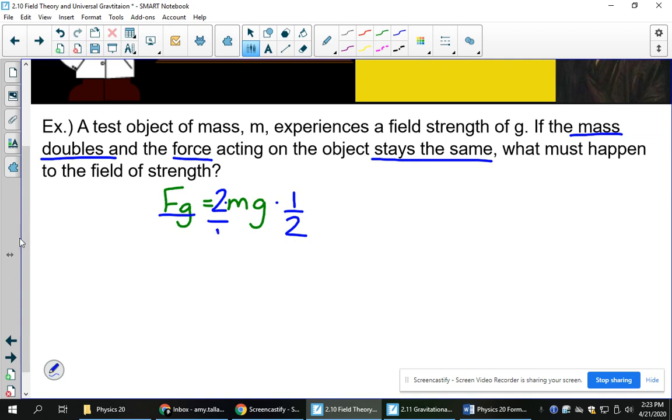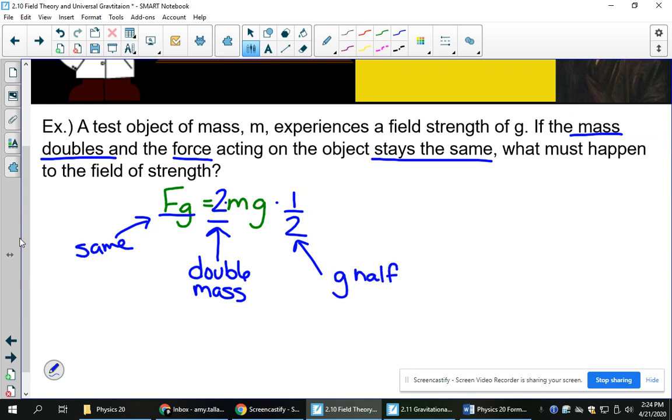So that means that if I double the mass, and remember that this force of gravity has to stay the same, if I double the mass and then I take g and I cut it in half, I'm going to get force of gravity staying the same. So let's put this into words.